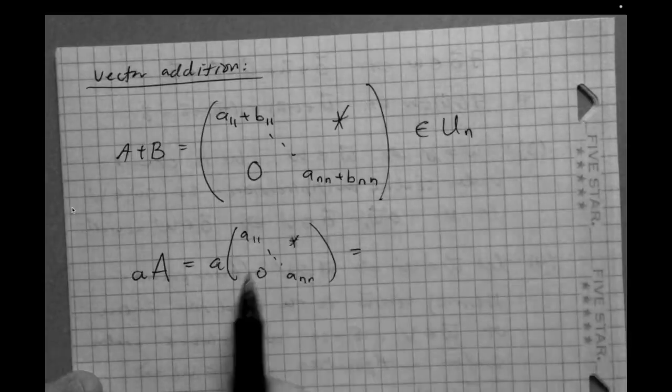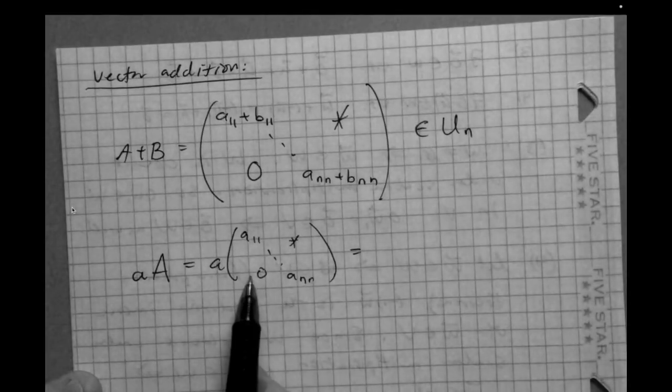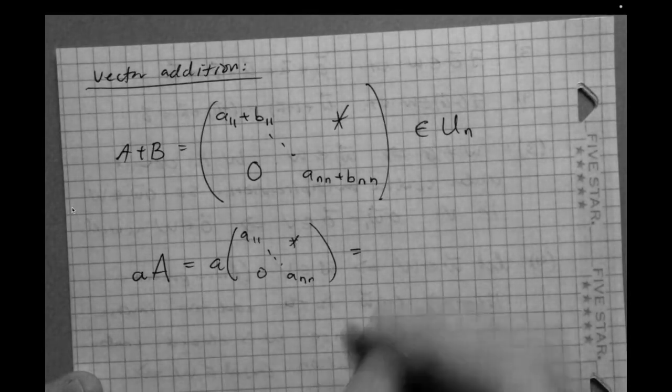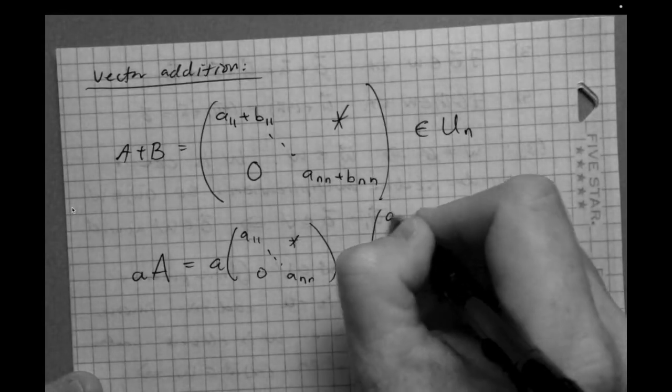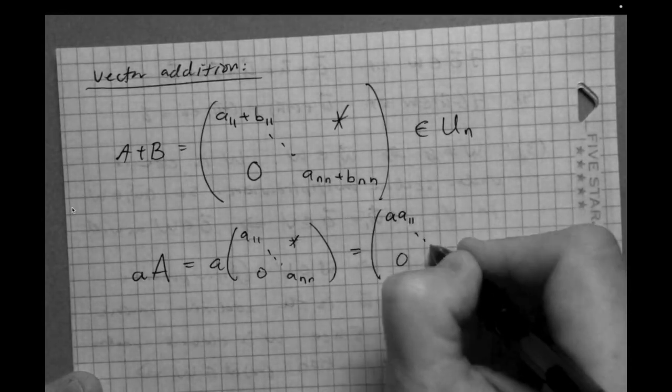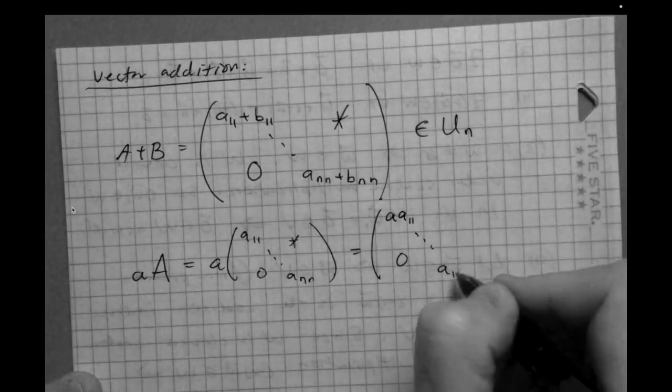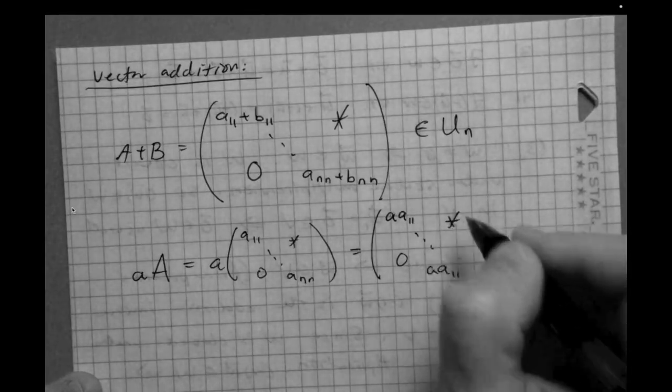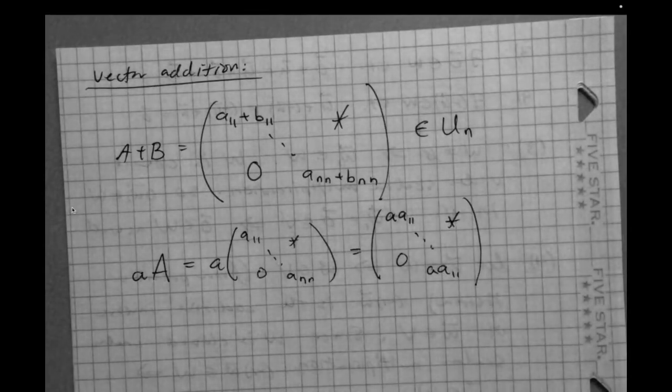So basically, everything below the diagonal is going to be 0 times a, which is going to remain 0. And so the diagonal will get scaled up by a or down, whatever the case may be. And then the off diagonal will, again, be kind of whatever. Right? And again, the important part here is to keep in mind that everything below the diagonal is 0. And that you can easily see that that's the case.